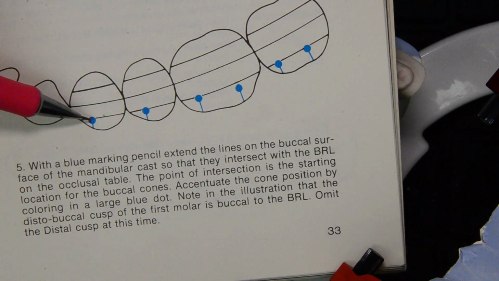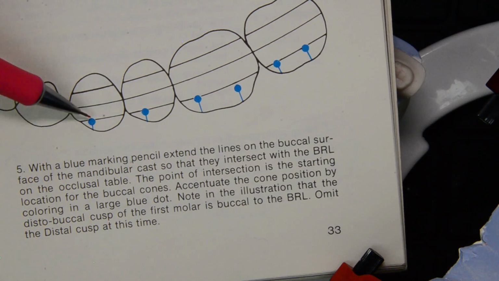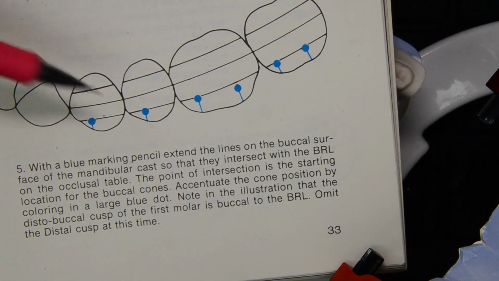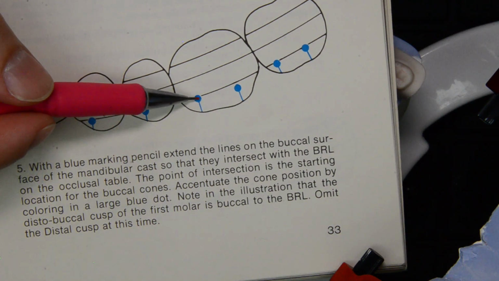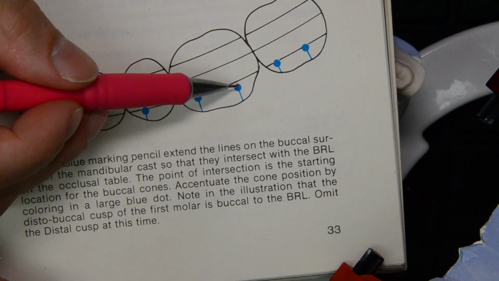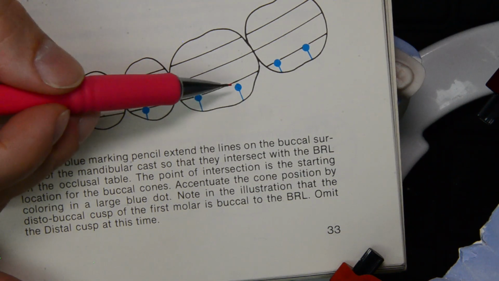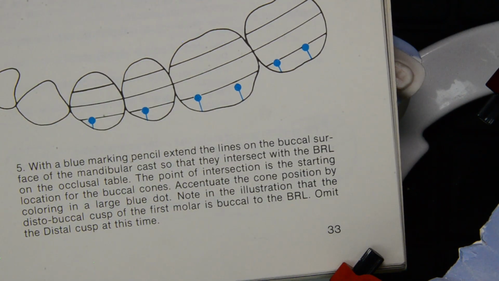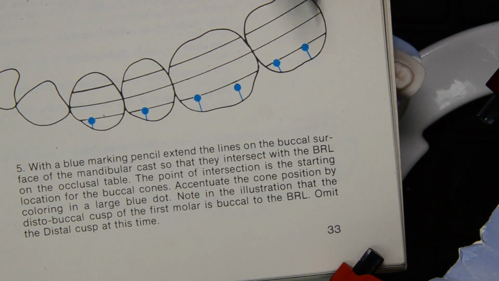As we can tell here, we have the cusp tips on the premolars located a little bit to the mesial. On the first molar, we have the mesial cusp tip just slightly off to the buccal of the buccal reference line, and the distal buccal cusp tip will go a little bit more towards the buccal on the buccal reference line. On the second molar, we have it just slightly off the line, just like that.